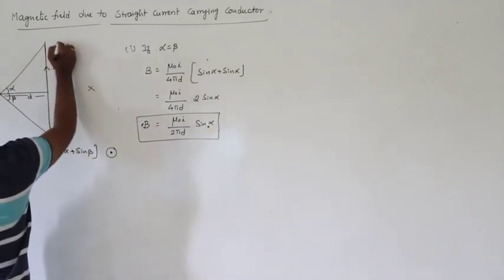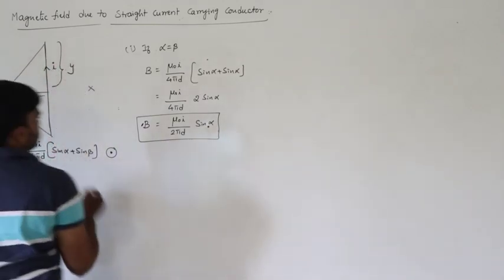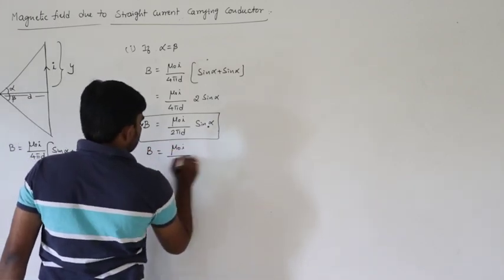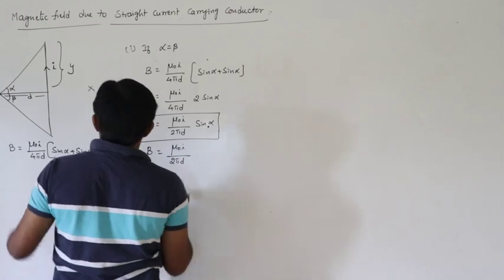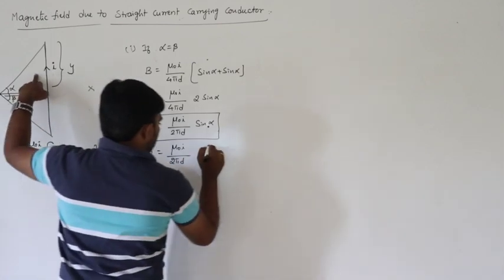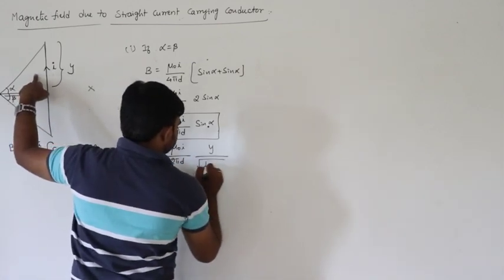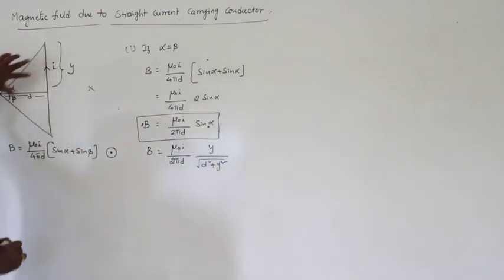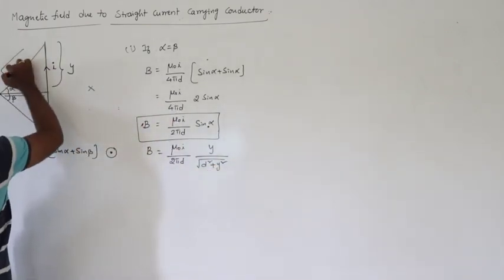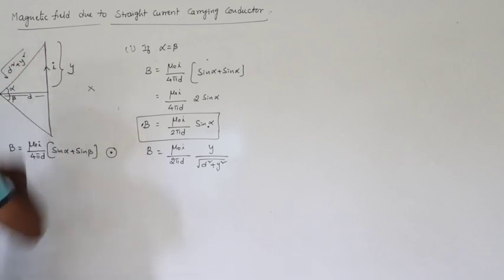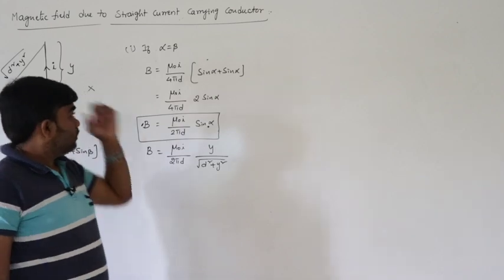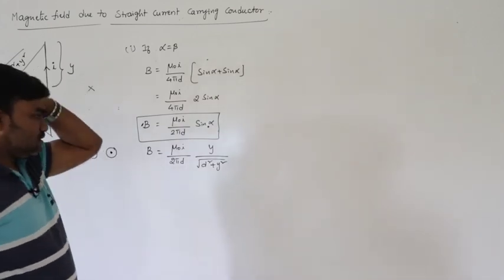So for example, if it is at a distance y, then B is equal to mu naught I by 2 pi d into sin alpha, that is y by square root of d square plus y square. This is y, this is d, and the hypotenuse is square root of d square plus y square, by Pythagoras theorem. So based on this we can calculate this one also, if alpha is equal to beta.